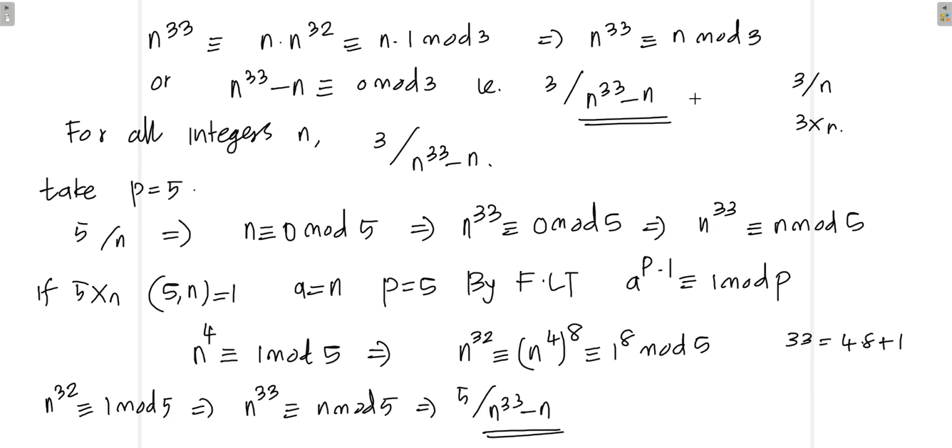So രണ്ട് കേസുമായി 5 divides n raised to 33 minus n. This implies 5 divides n raised to 33 minus n. Okay. So 5 divides n raised to 33 minus n for all cases. 3 divides n raised to 33 minus n.